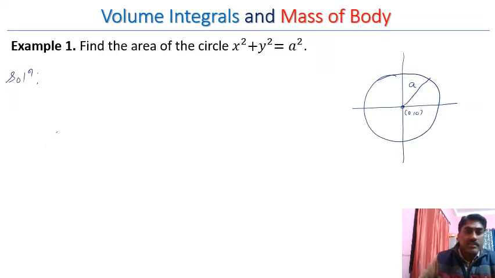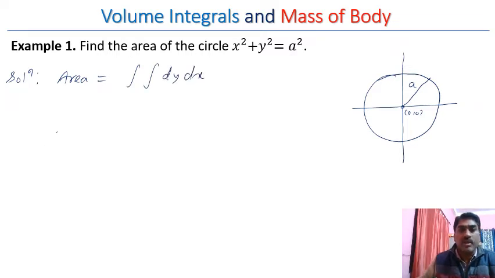We have already learned the formula for area. So area is equal to double integral dy dx, where dy dx is the elementary area, and we obtained several surface areas in the previous lectures. Here we will not directly put the limits of y and x. We will convert this into cylindrical polar coordinates.